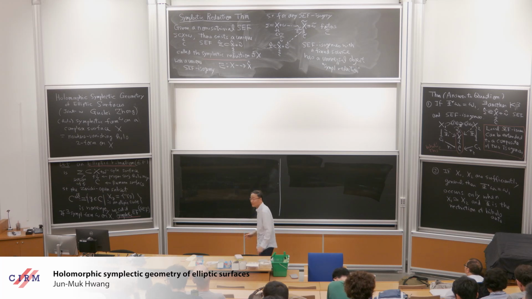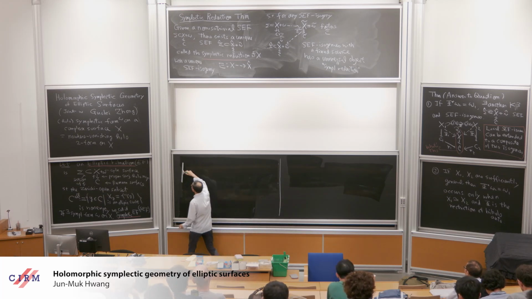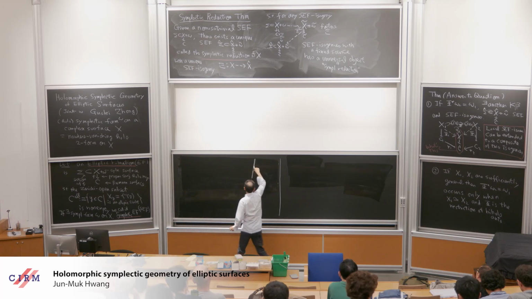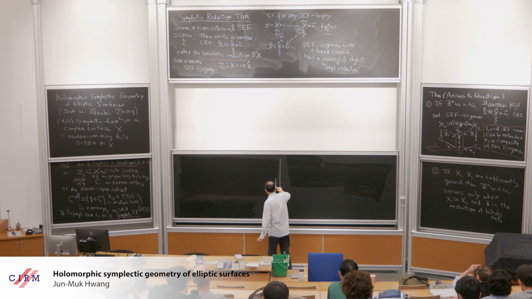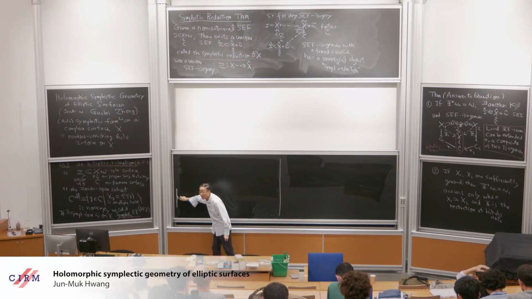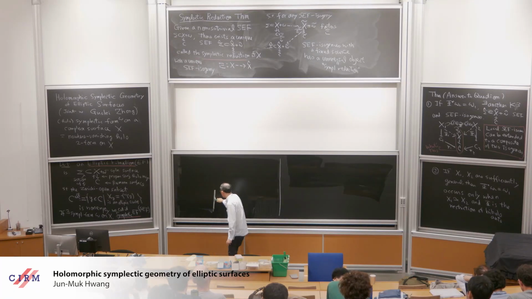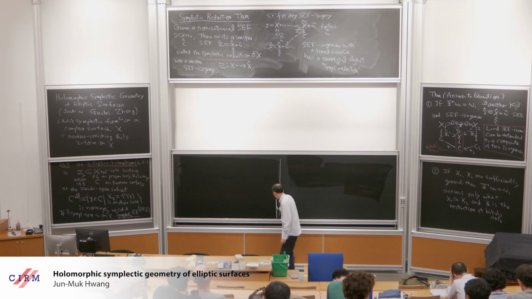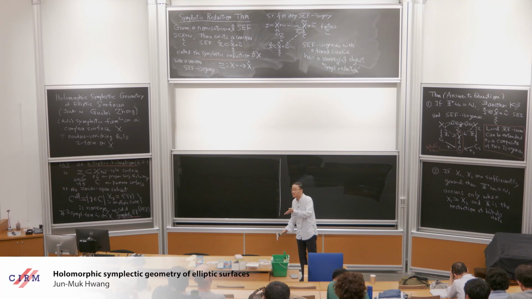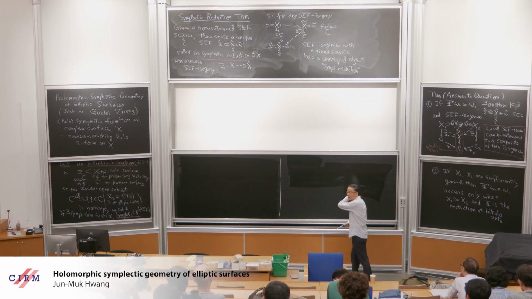What do you mean by sufficient? That can be interpreted in many ways, but in our result, we can prove at least if they have Picard number 2, which is the general Picard number of elliptic K3, and if all the singular fibers are I1, the simplest type, then this is true.